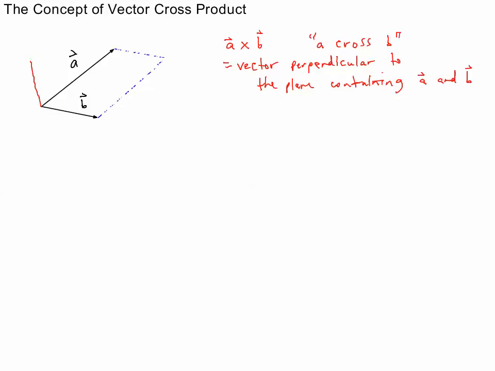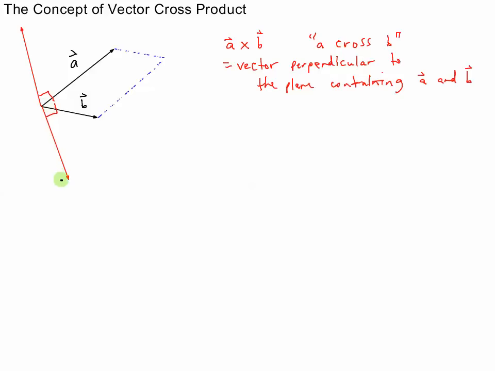It's either going to look like this, pointing up out of that plane, or it's going to point down through the plane. And in either case, it is perpendicular to the plane that contains both of those vectors. You can imagine here's a line on the plane, a point to measure that right angle.